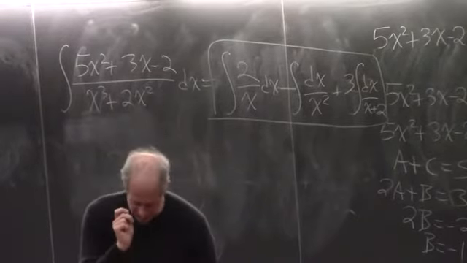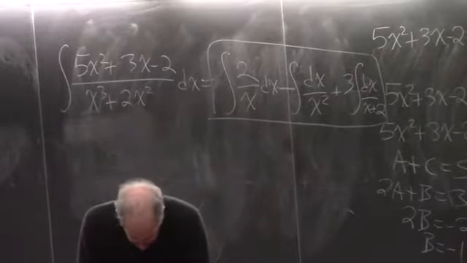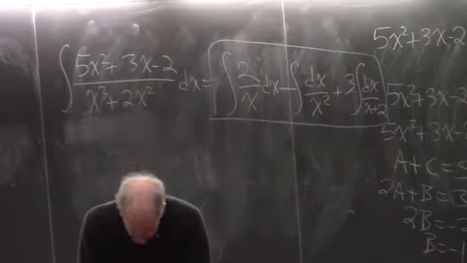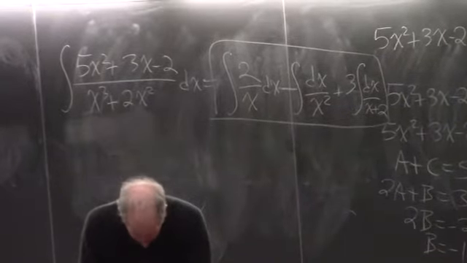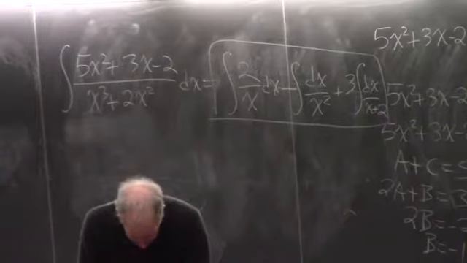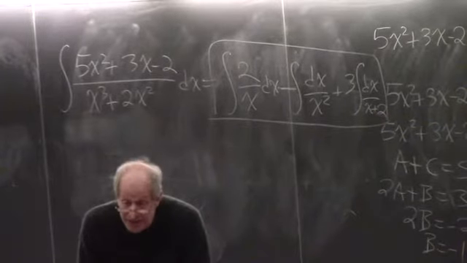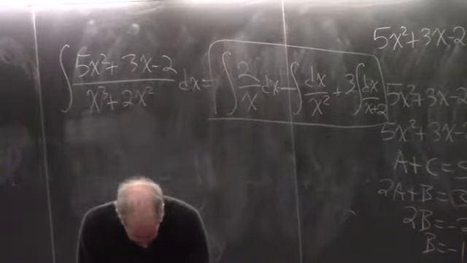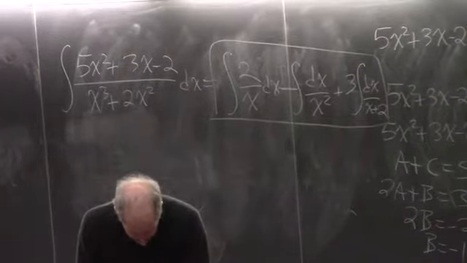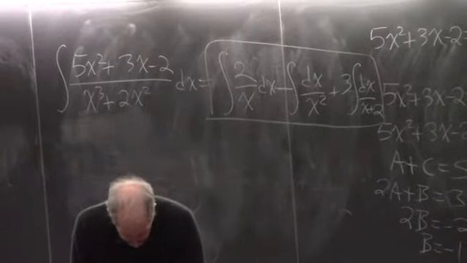Alright, I'll do one completely. Oh God, what were they, 24 and 30? How many is 30? Oh, 31. Alright, I'll do 31 completely.